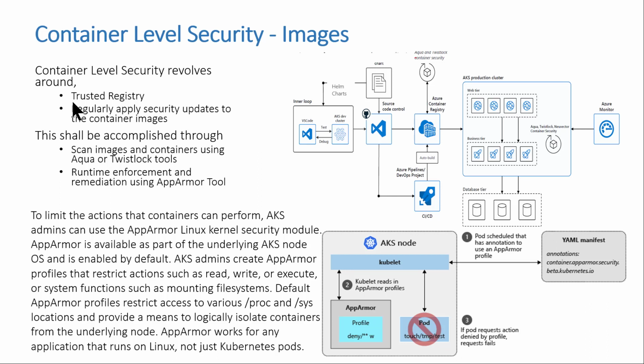It is a Linux-based tool that you should use, and you should create the required profile to make sure that only specific types of pods with specific policies and profiles can communicate with the backend kernel on your AKS cluster, right? And there's a good article on the Microsoft site on how to use AppArmor. I think I have given it to you in the next few slides. If not, I would probably link that in the description of my presentation.